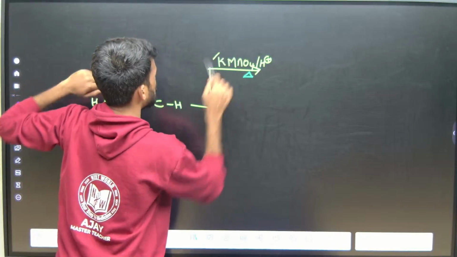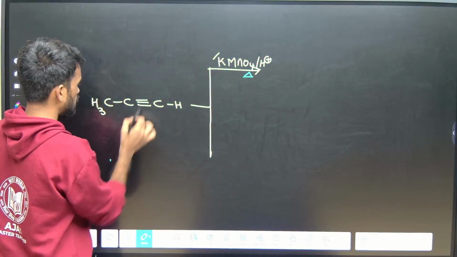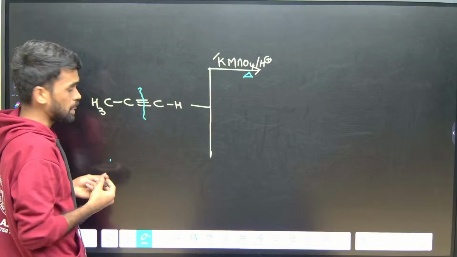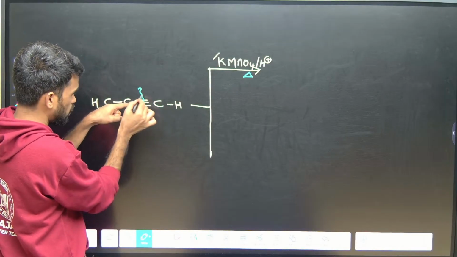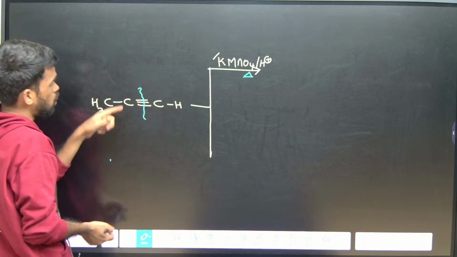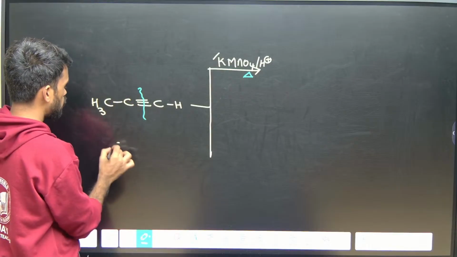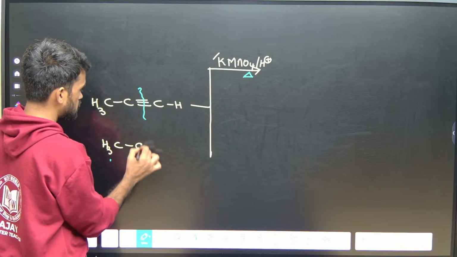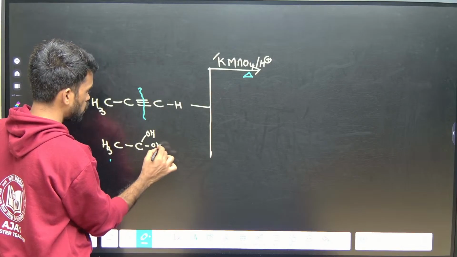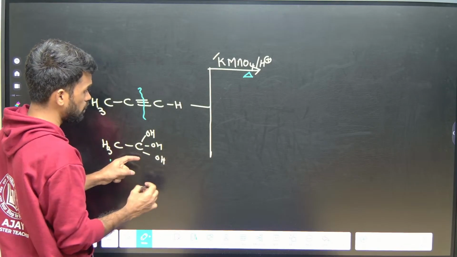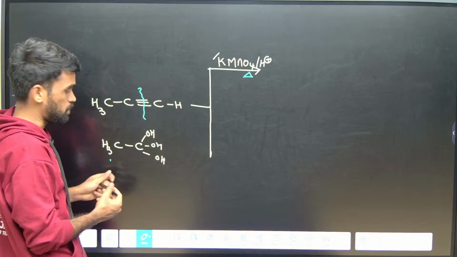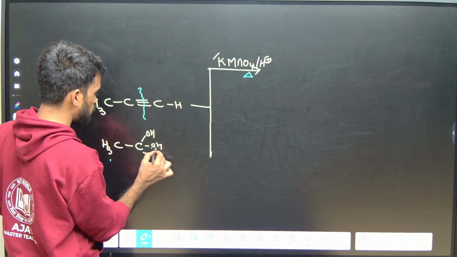Now what happens, tell me. Just break this triple bond like this, and wherever you are breaking, there you insert OH groups. How many bonds are you breaking? 3 bonds. Now you can insert 3 OH groups like C, OH, OH, OH. But you know, if this many OH groups are present on one carbon, lone pair repulsions will be observed.